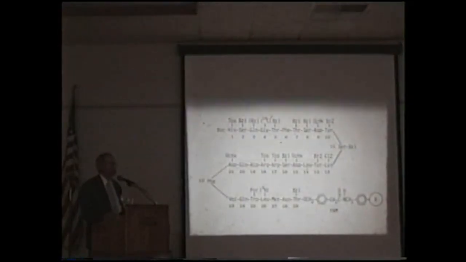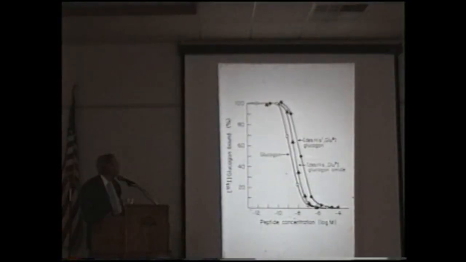It's a binding curve, using the receptor from the liver membrane, and up the vertical axis is the iodinated glucagon, and you displace that or compete with that with your analog, and it shows concentration along the bottom.